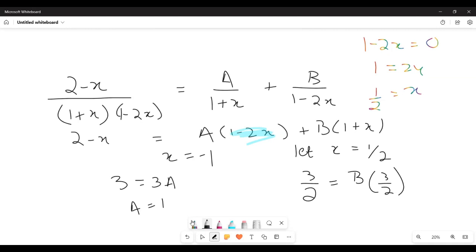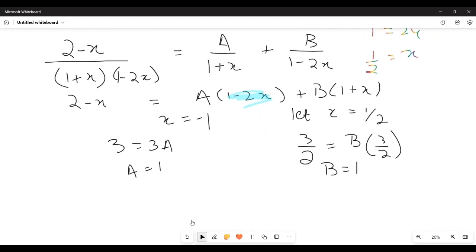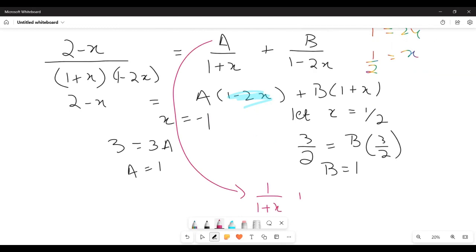So b equals 1 as well. So the partial fractions would be 1 upon 1 plus x plus 1 over 1 minus 2x. B is also 1.